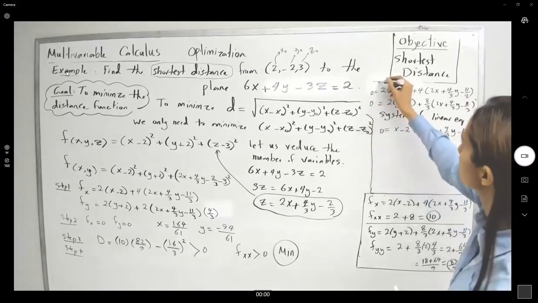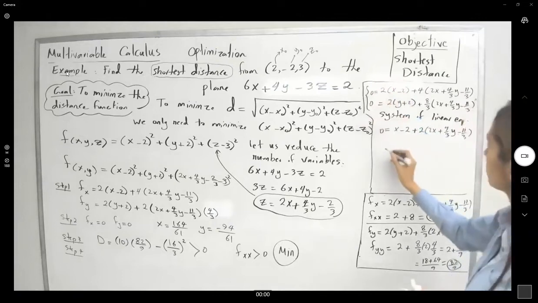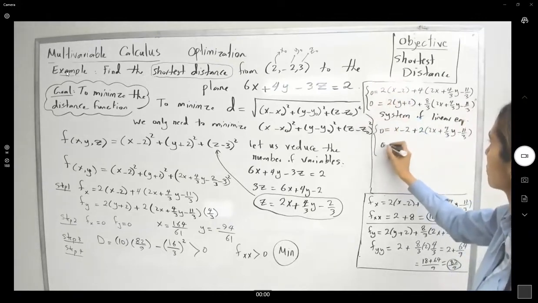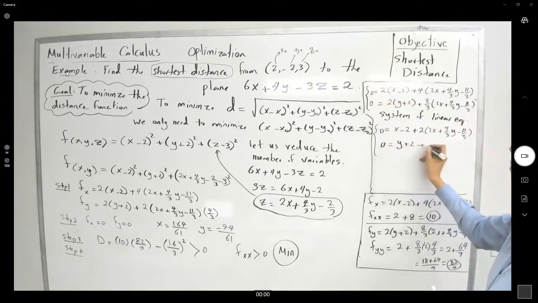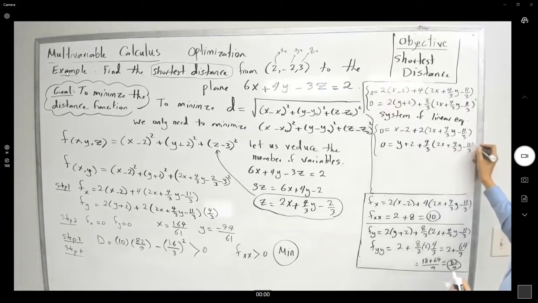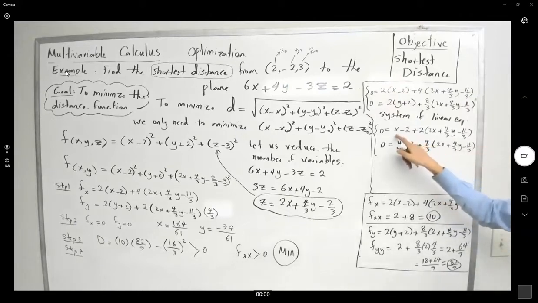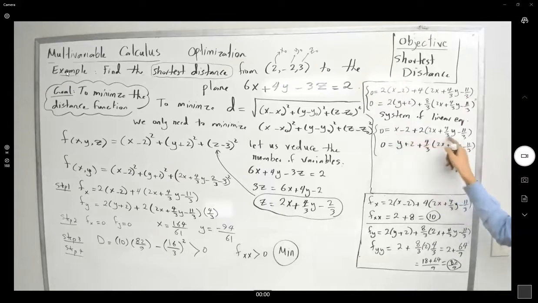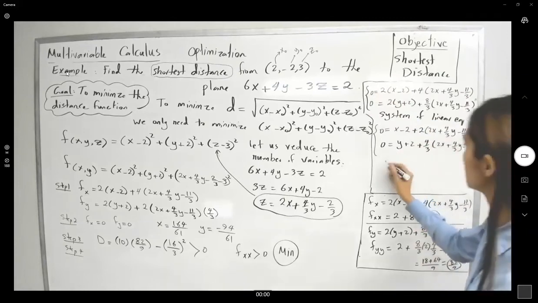And then the second one is going to be y plus 2 plus 4/3 times 2x plus 4 over 3 y minus 11/3 equals 0. Well, here you can write x in terms of y or y in terms of x, substitute that here and solve for the missing variable.